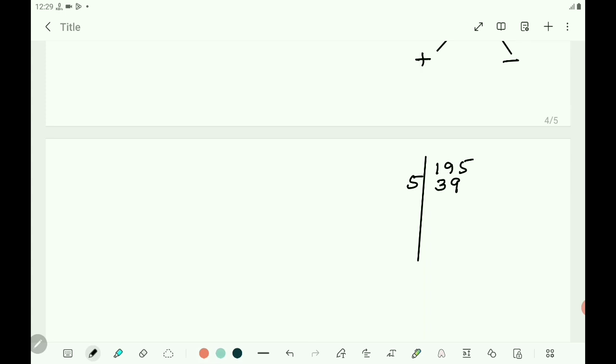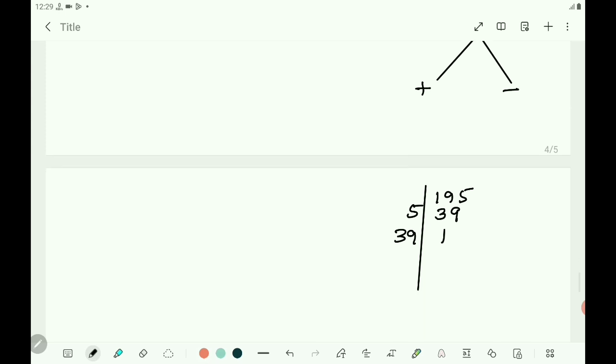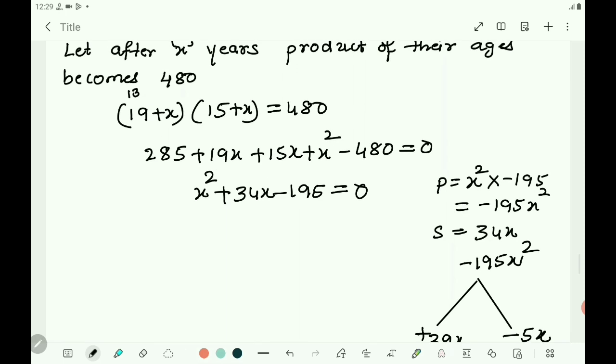Then you take here 39 itself is a prime number, 39 ones are 39. Then you can take plus 39x minus 5x. Write x square as it is, plus 34 as plus 39x minus 5x minus 195 equals 0.